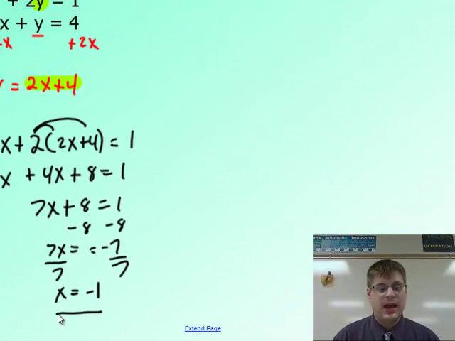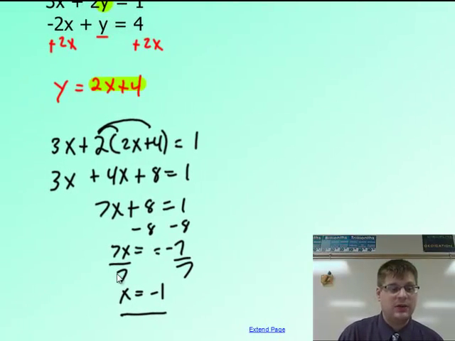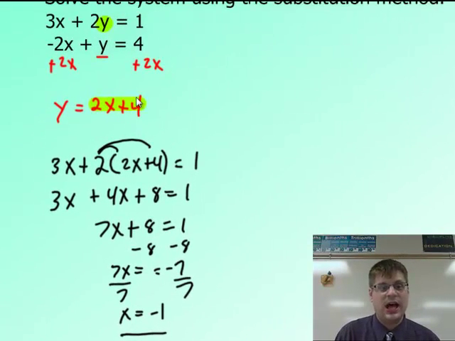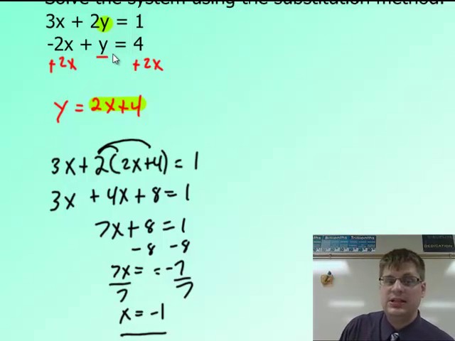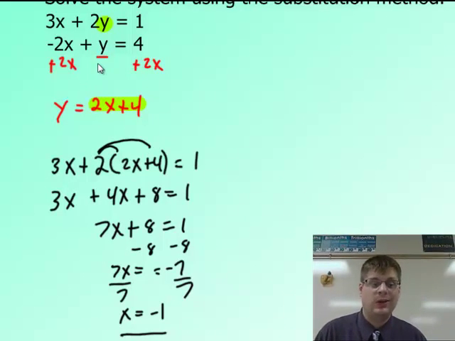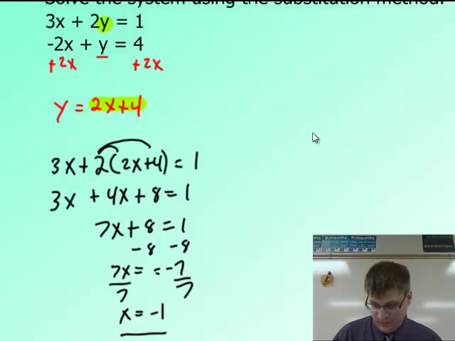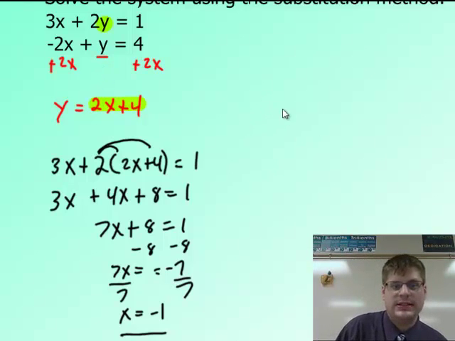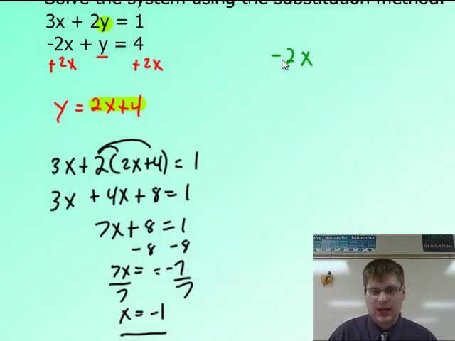It's pretty nice. Now I'm going to take that x equals -1 and substitute it into either equation. Probably the second one's going to be a little bit easier since we have that coefficient of 1 on the y. So for that, I'm going to say -2x. Oh, wait, getting ahead of myself.